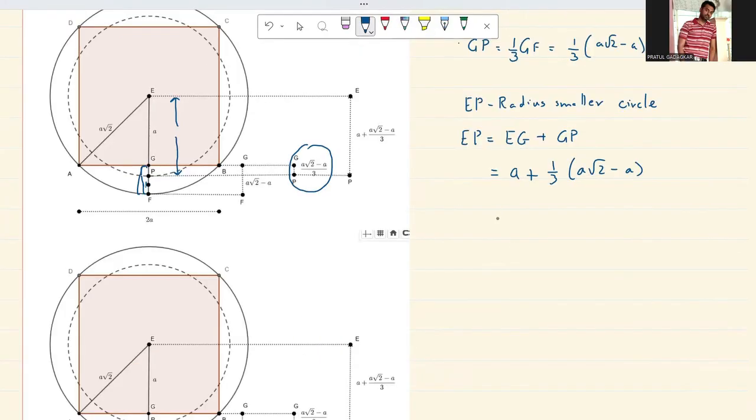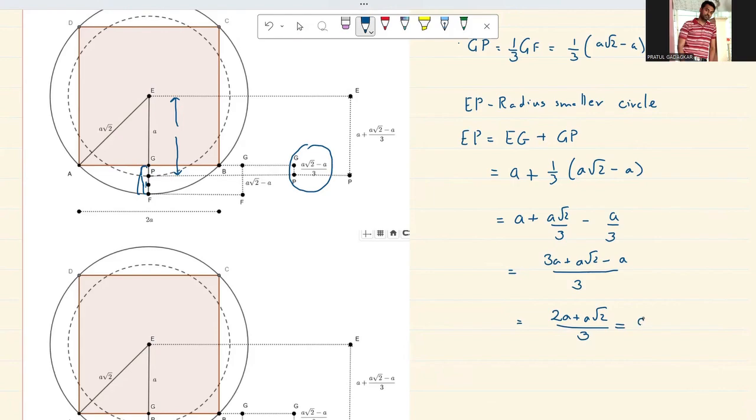Now we will simplify this. So this will become A plus A root 2 by 3 minus A by 3. And if I make the denominator common, 3 for all of them, I'll have 3A plus A root 2 minus A, which is 2A plus A root 2 divided by 3.